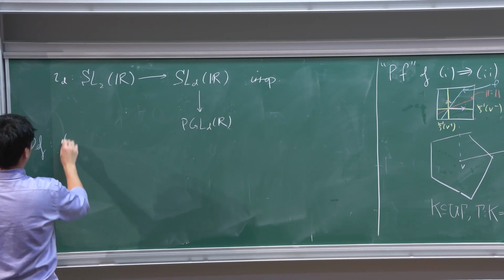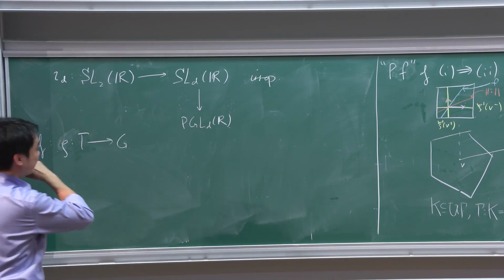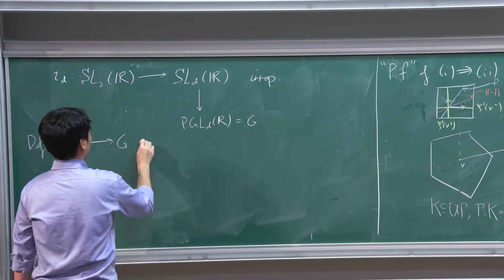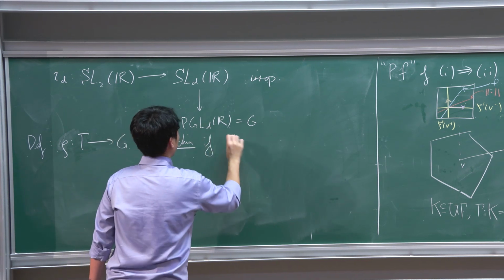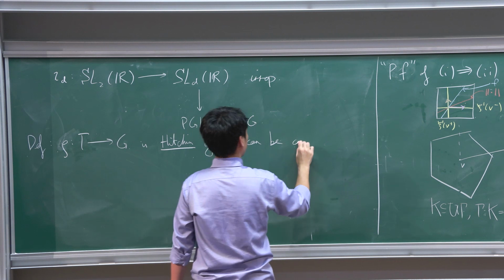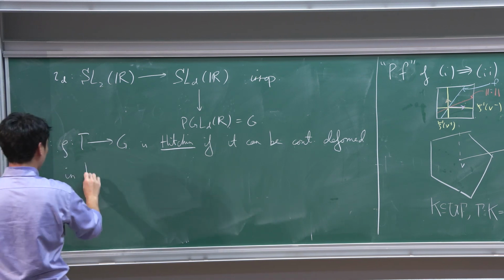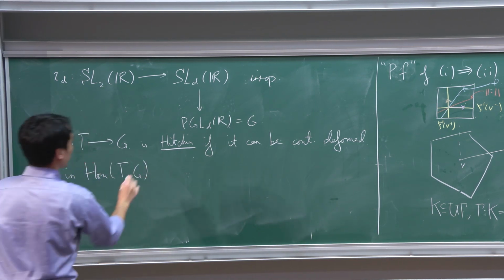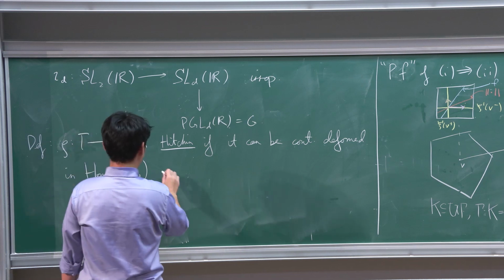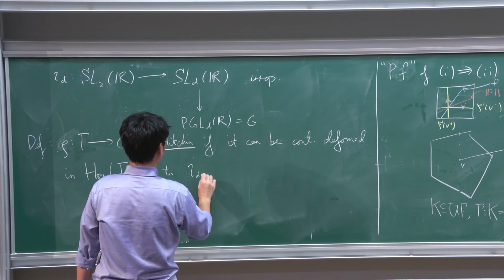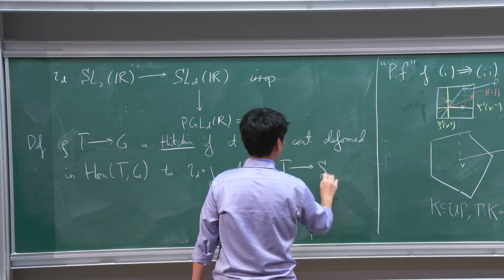Okay, so a definition: a representation rho from gamma to PGLDR is Hitchin if it can be continuously deformed in the space of homomorphisms from gamma to G to something of the form iota D composed with J, where J from gamma into SL2R is discrete and faithful.